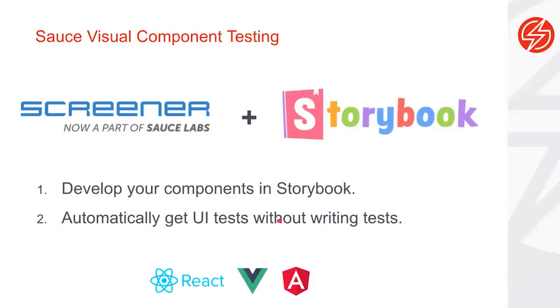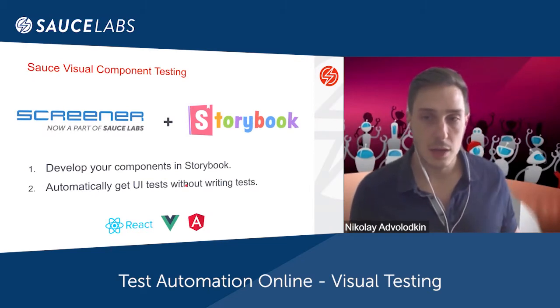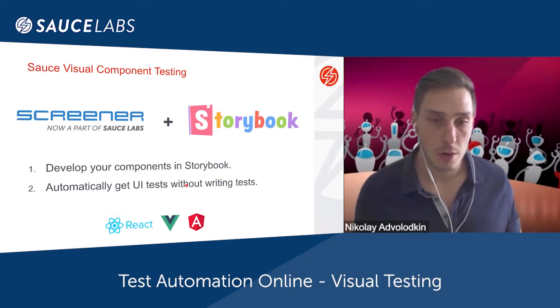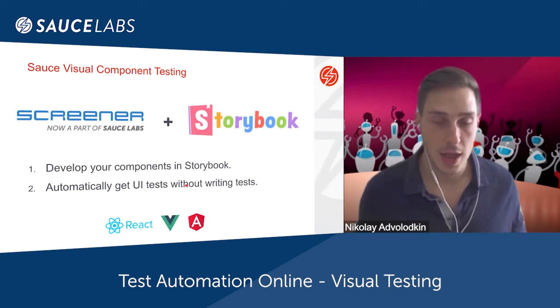So that's why we have Screener Visual Component Testing. Screener Visual Component Testing is a solution that is added to your Storybook tests, and it allows you to do automated visual testing of all of your components and Storybook tests without actually writing any automated tests.